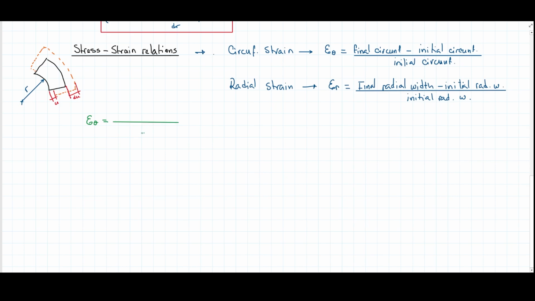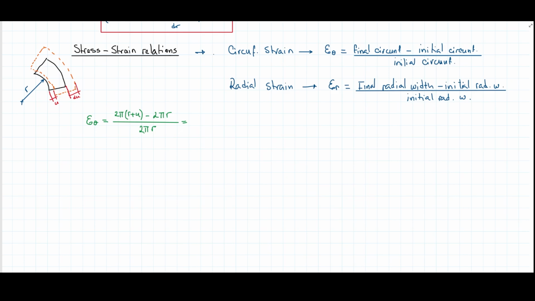But then what is going to be the final one? Well, we're talking about the full circumference of the resulting part, or how it grew this segment here. So this is going to be equal to 2 times pi times r plus u.